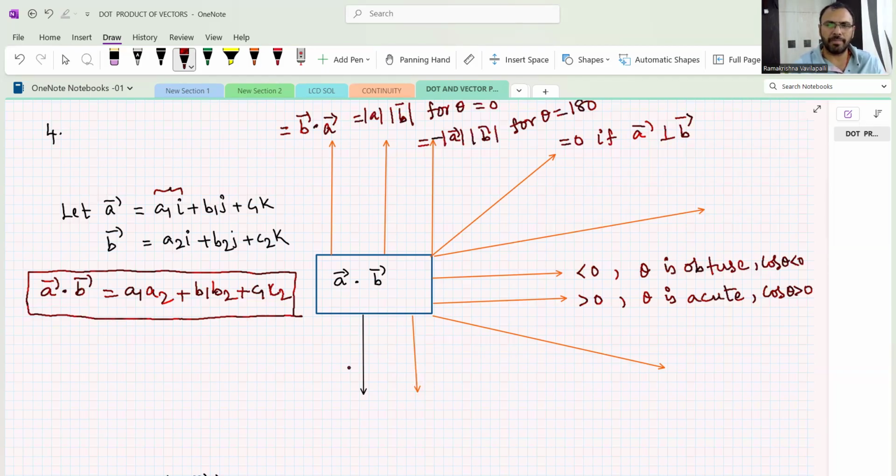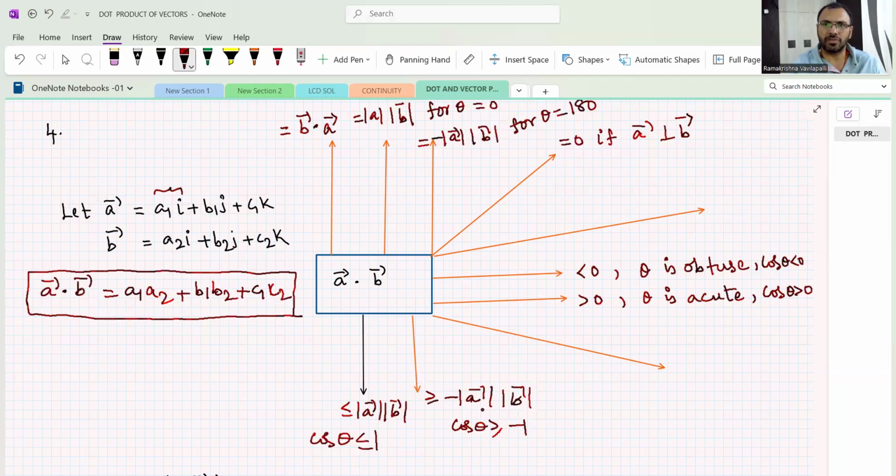And A bar dot B bar is always less than or equal to mod A bar into mod B bar, because cos theta is less than or equal to 1. And it is always greater than or equal to minus mod A bar into mod B bar, because cos theta is greater than or equal to minus 1.